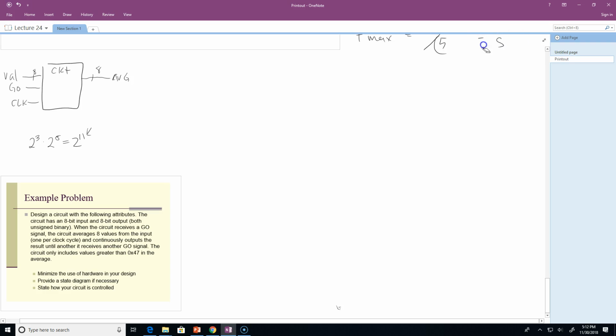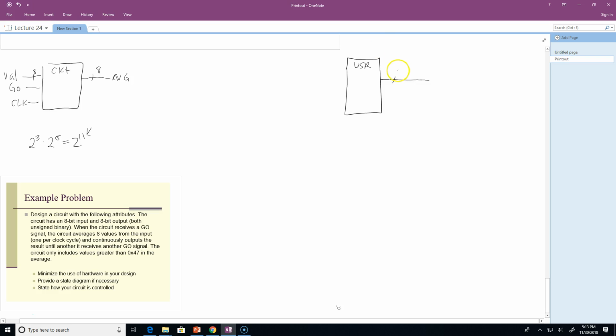So let's get rid of this, move that away, and let's start writing this thing. Okay, so this is going to be a shift register. This is my output. That's already wrong.